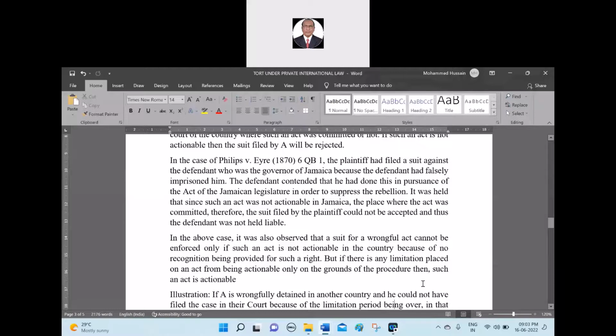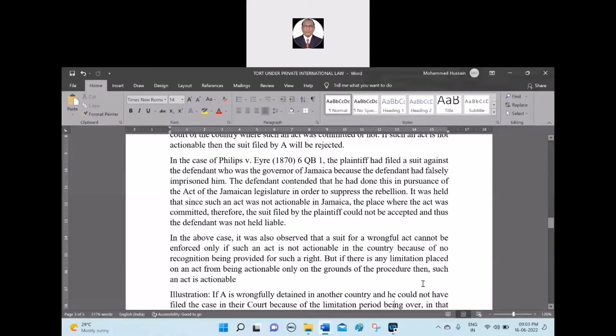Where a case is not filed because of the law of limitation, the law of limitation is not the criterion; such a case can be filed in the court. Under the law of limitation, you cannot file a case in Tanzania if it is a contract more than 6 years old.